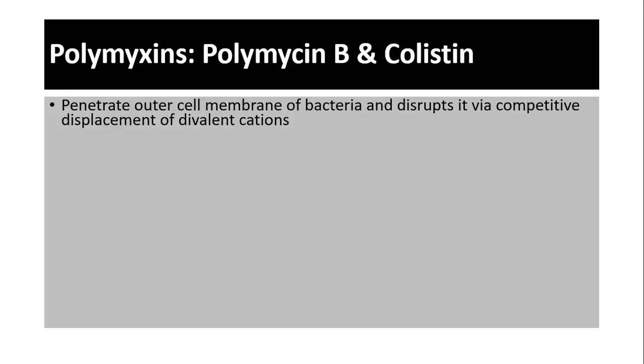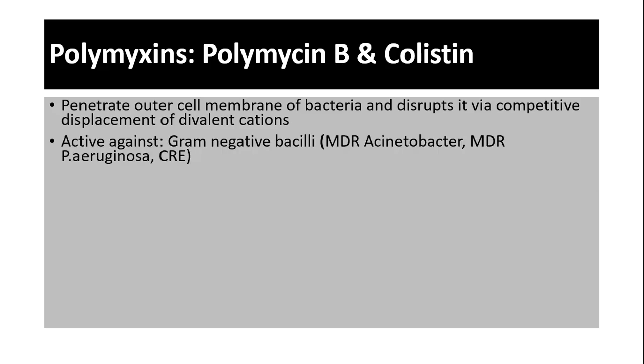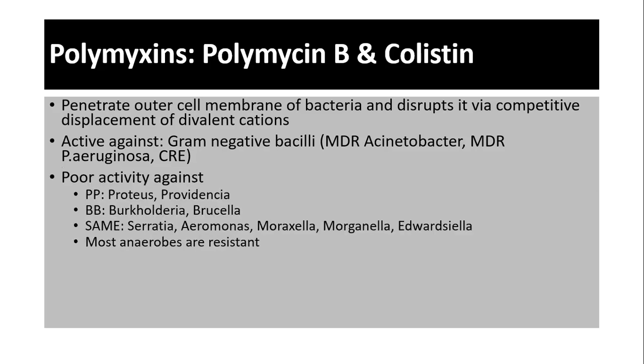Polymyxins. Polymyxin penetrates the outer cell membrane of the bacteria and disrupts its bacterial cell membrane. It has activity against gram-negative bacilli, so we give it for MDR Acinetobacter or MDR Pseudomonas aeruginosa. It has poor activity against Proteus, Providencia, Burkholderia, Brucella, Serratia, Aeromonas, Moraxella, Morganella, Edwardsiella.